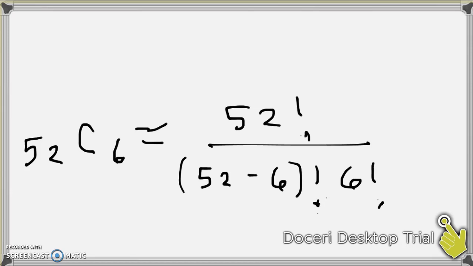We could simplify this and change this to 46 factorial. So basically we're left with 52 factorial over 46 factorial times 6 factorial. Let's keep that in mind. Let me show you how you could simplify this if you didn't have a calculator with the factorial button.